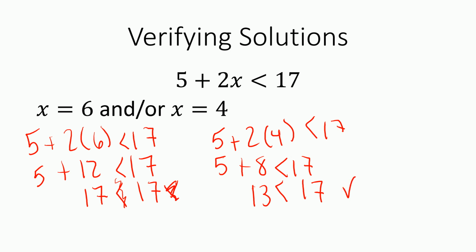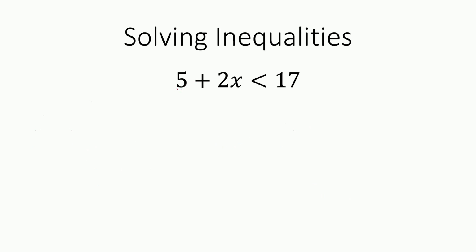So that checks out. So 4 is a solution because it made the inequality true. 6 is not a solution because it didn't make the inequality true. Even though it could have multiple solutions, in this case, it only had one solution among the 2 that were available.